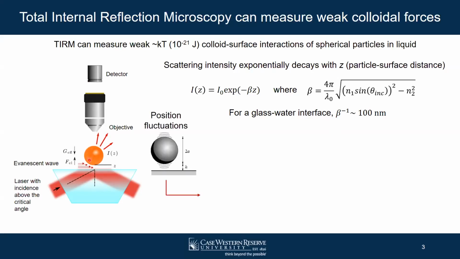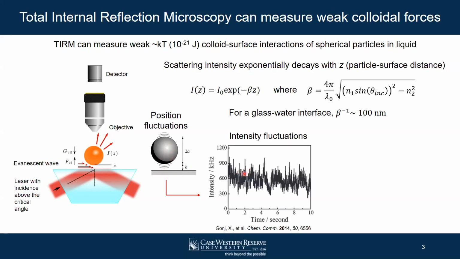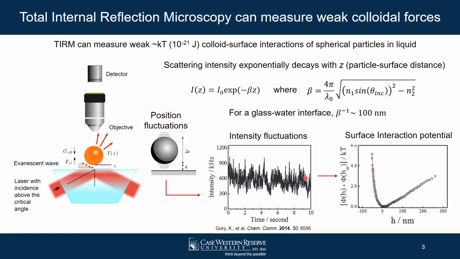This particle, because it's free to move, undergoes position fluctuations normal to the boundary. And then these position fluctuations are translated into intensity fluctuations, which are collected typically with either a photomultiplier tube or CCD camera. This would be the integrated intensity each time step of your experiment. And then these fluctuations in intensity are used to calculate fluctuations in height, which then, assuming the particle is sampling a Boltzmann distribution of heights, can be utilized to assemble the potential energy profile.